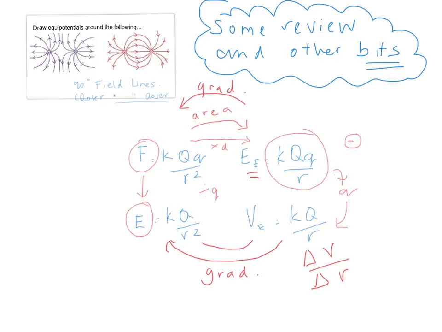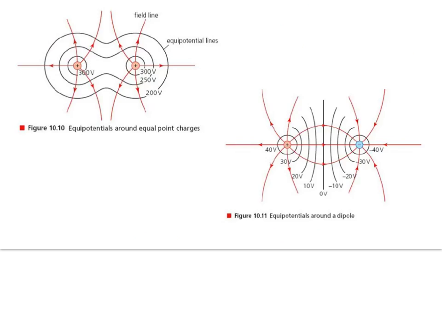And in the other direction, similarly, an area of an electric field graph would give us the potential. Now, these concepts are more commonly found in gravitational questions, but it's worth showing the parallels just in case. So this is what your equipotential lines look like for same charges and for attraction for different charges.